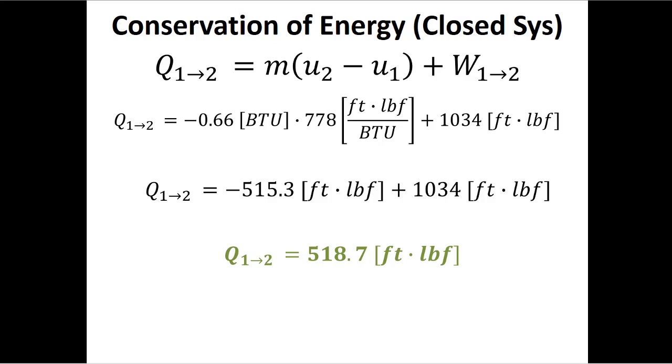I find when I'm using variable specific heats that Q from 1 to 2 is 518.7 foot-pounds. I think we had something like 517 foot-pounds for constant specific heat. So this makes me feel really good because I got basically the same answer when I did the problem in two different ways. Again, I see that heat in is positive, so heat must be added into my system in this process.